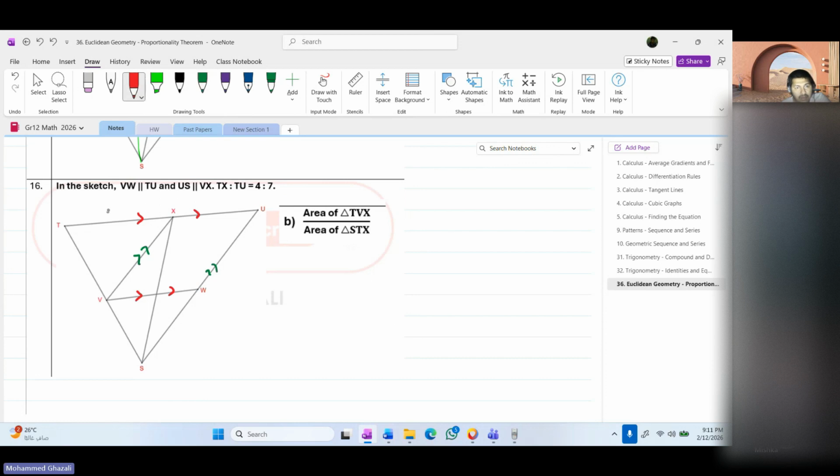What we had, we had a 4a and we had a 3a here, right? Great. TVX, where's TVX? This one. And what's the second one now? STX. TVX and STX. STX is no issues.